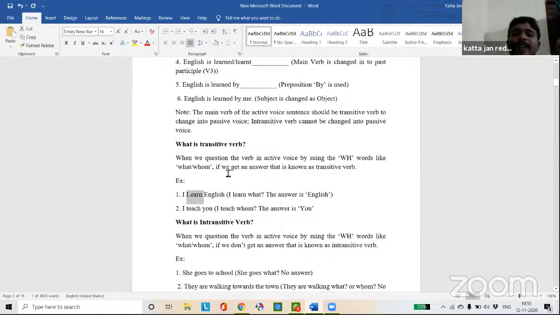Okay. So when we question, if we get an answer, that is a transitive verb. See, for example, I learn English is a sentence here, right? See, I question this: I learn what?